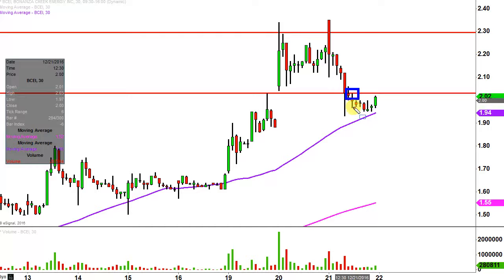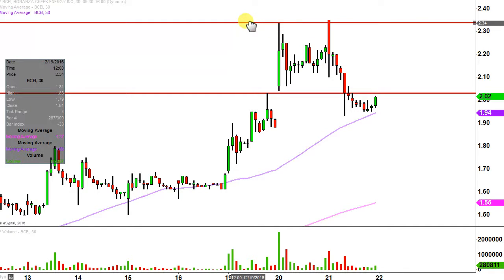Earlier on in the morning, price tried to bounce up above it and couldn't quite do it. So that'll be the initial area of resistance, and then of course you still have the overall one up there at $2.30. Although now that we have more data after today, I'm going to go ahead and adjust that, since these two levels up here essentially match each other perfectly, up there at about $2.35. Again, with the extra bit of data right here, we'll just call that the key overall area of resistance.